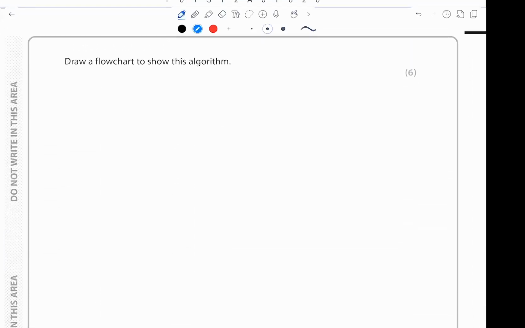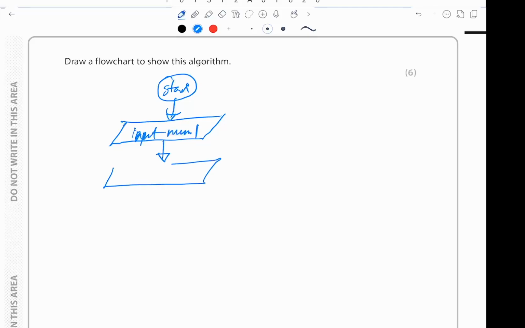Okay, so you've always got to have start, and you've got to have an arrow, the direction. We've got input to the system, so we always use a parallelogram. So input number 1. Then we've got to do another one, input number 2. Then, once we've got the 2 numbers, we need to make a decision.